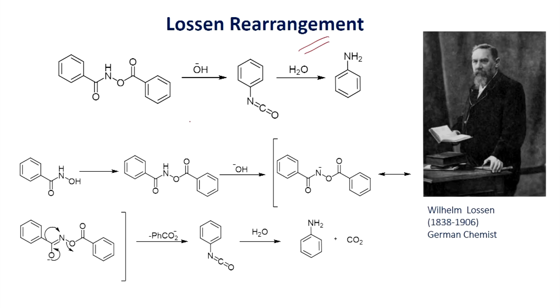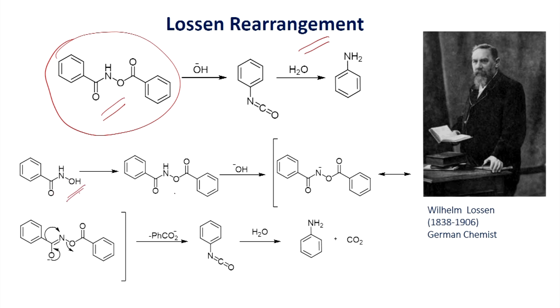The difference between the previous one and this one, here you can see, is that this amide derivative has been used as the starting material, and this can be made if you have this hydroxylamine derivative.